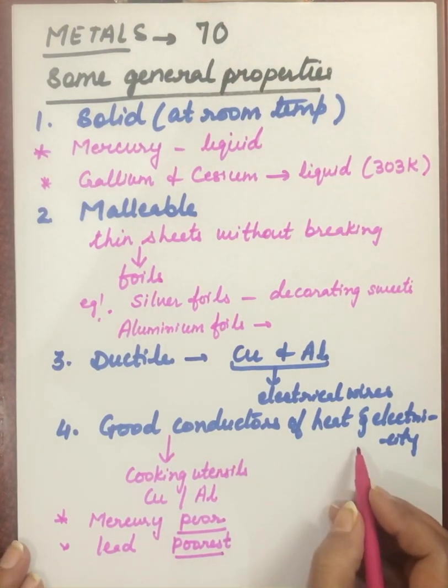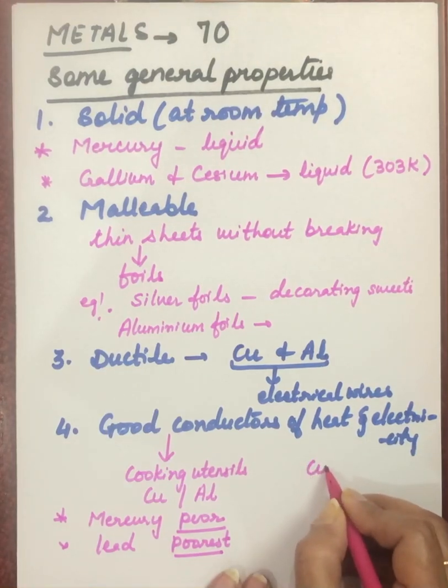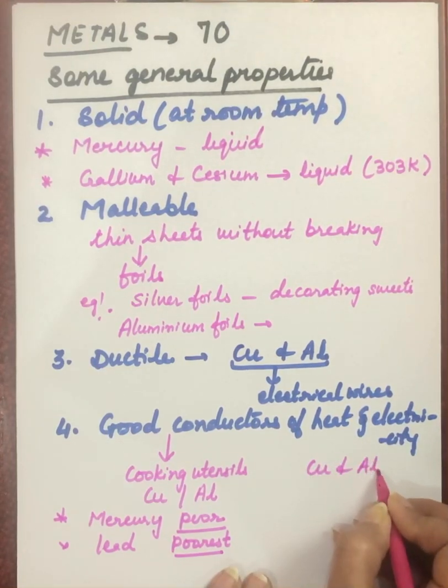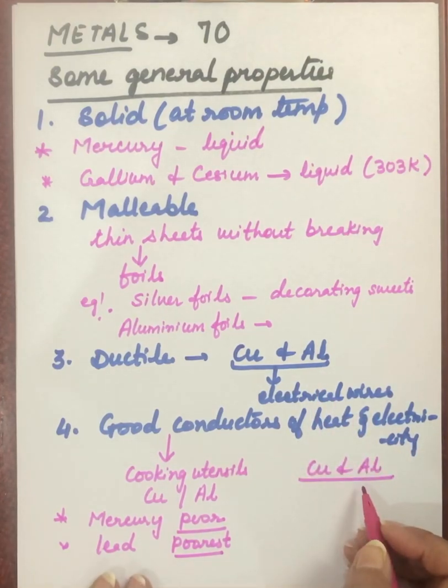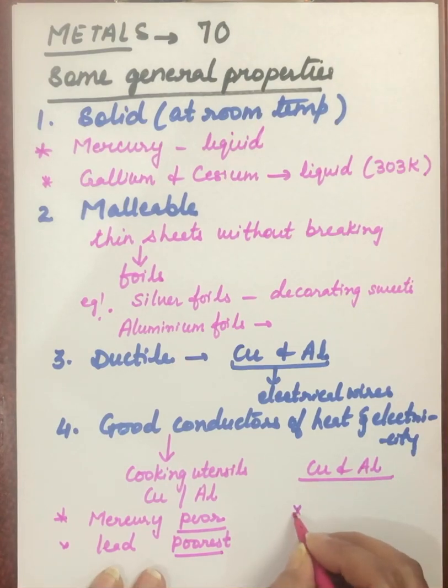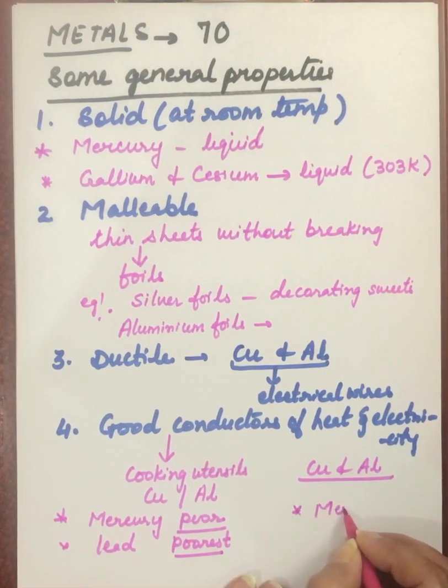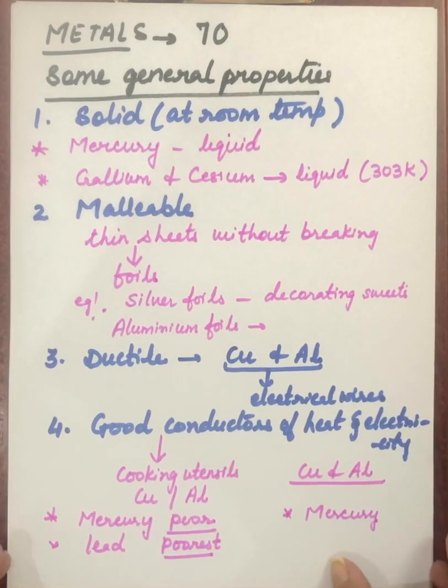Similarly, metals are good conductors of electricity. Copper and aluminium are used for making electrical wires. And here again, mercury is a poor conductor of electricity.